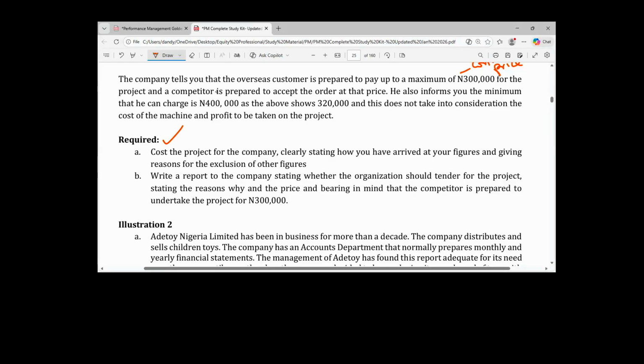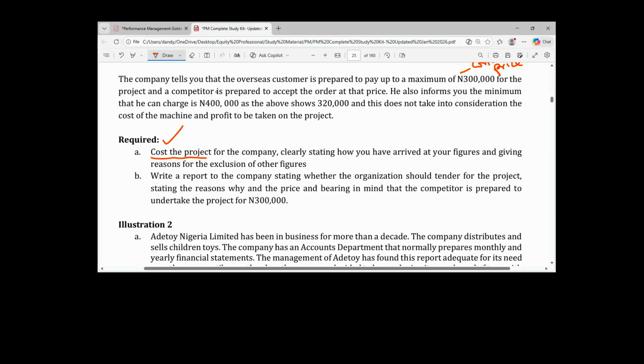So the examiner wants you to cost the project. So you must understand the requirements. What am I asked to do? Here I can see I'm to cost the project. What does it mean to cost the project? What the examiner is simply asking you to do is to calculate relevant cost for this contract.